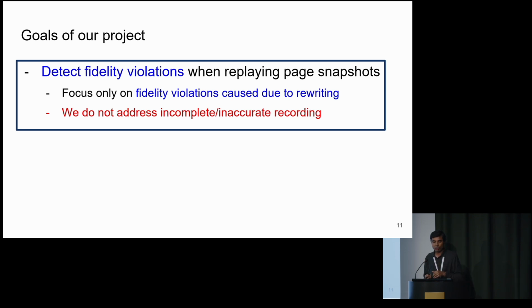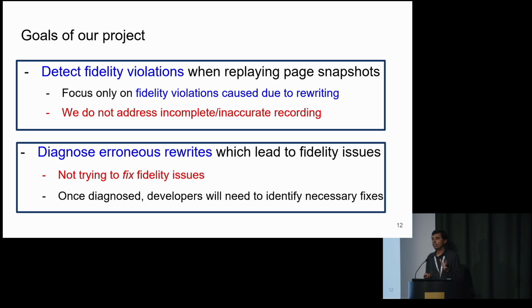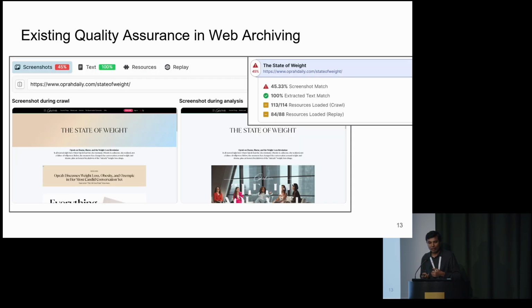And secondly, not just detect that there's a problem, but do some diagnosis of the root cause so that we can give actionable feedback to the developers of PyWb and such tools so that they can actually go in and fix the corresponding issues. We're actively working with the Webrecorder team to communicate back all our findings to help them fix this in the future.